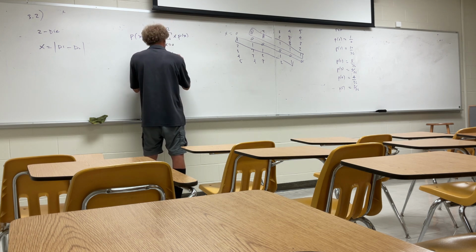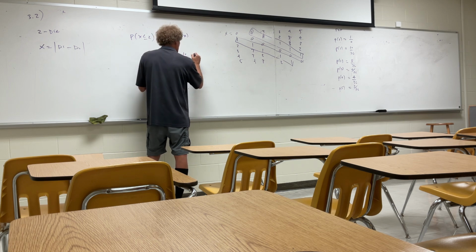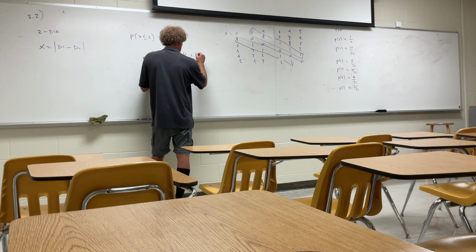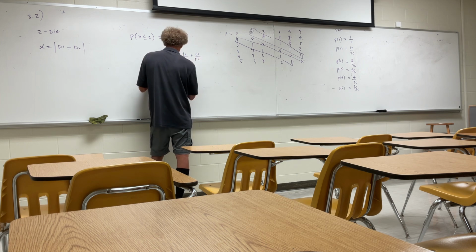It would be 1 over 6 plus 10 over 36 plus 8 over 36. Pardon, 36, my bad. Not 2 times 8 is 16, my bad on that one.